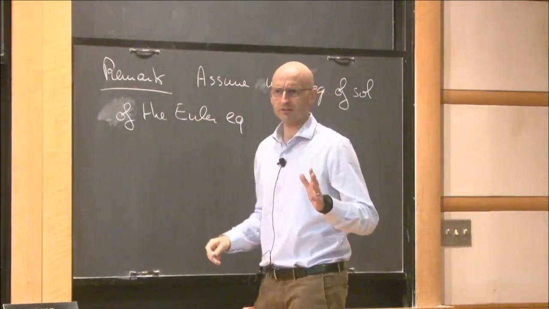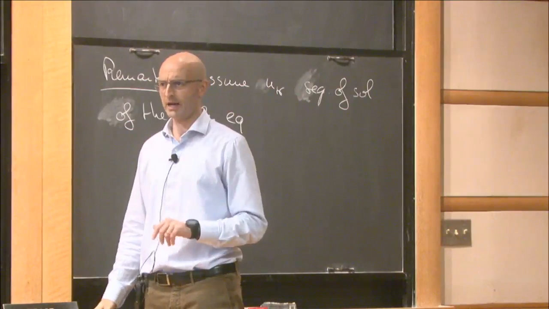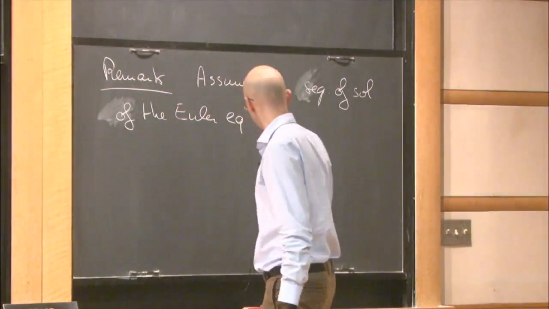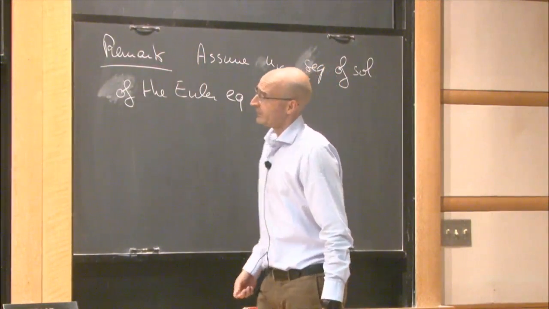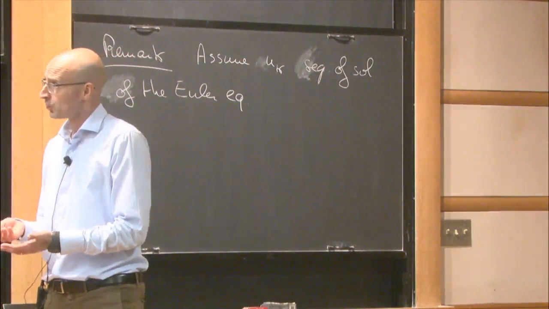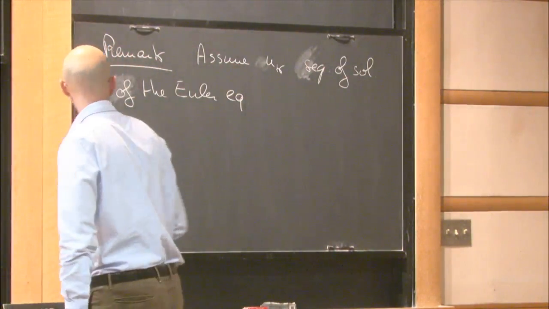And even assume that this sequence of solutions is smooth. But I don't tell you anything more about these solutions. Then, of course, since they're smooth solutions, you can derive the energy identity.